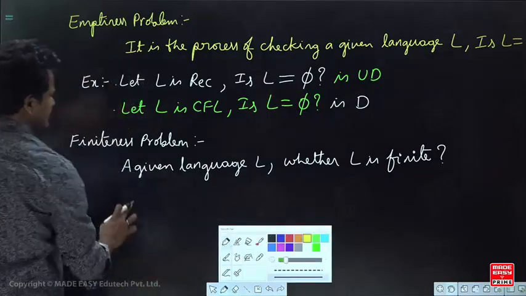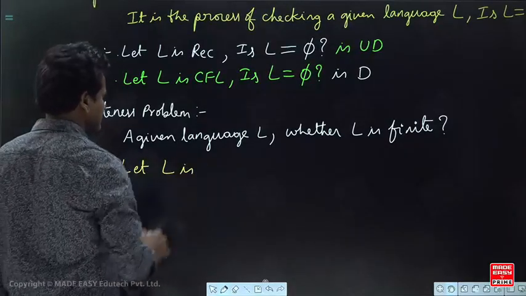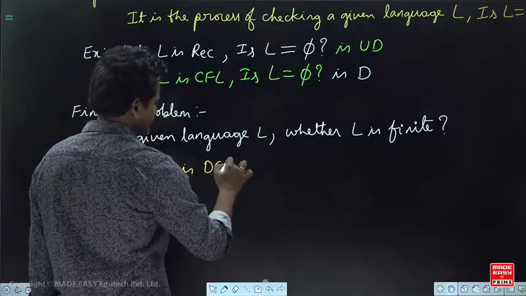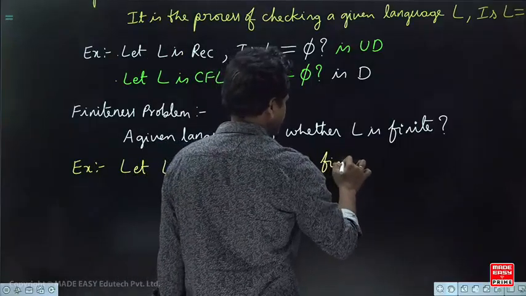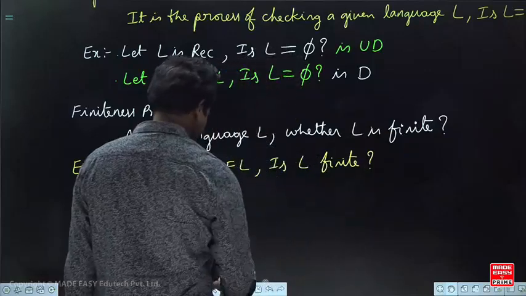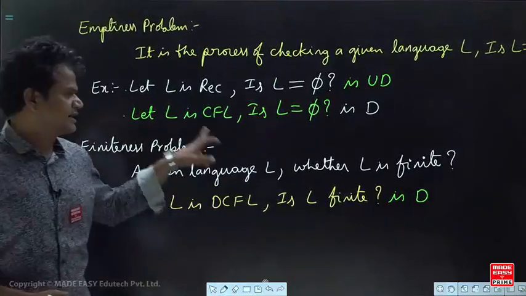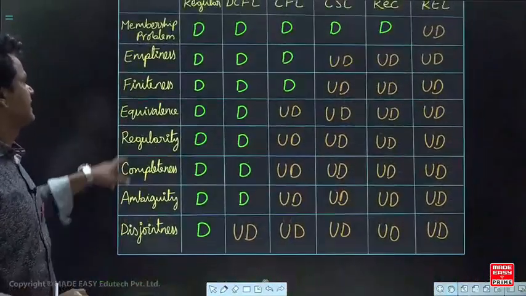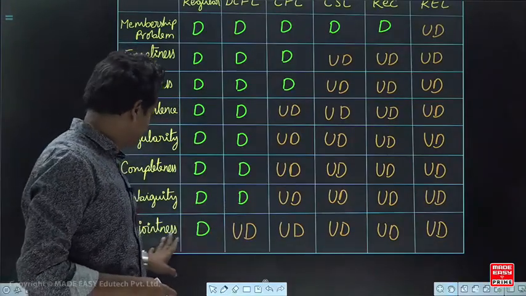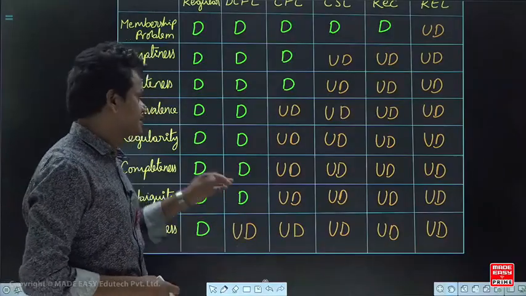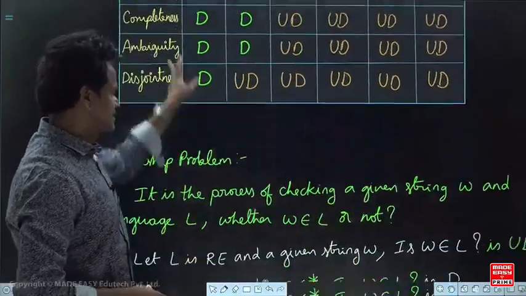Example: let L is DCFL, is L finite? Yes, it is decidable, because finiteness of DCFL is decidable. For DCFL, only the disjointness problem is undecidable; the remaining problems are decidable.